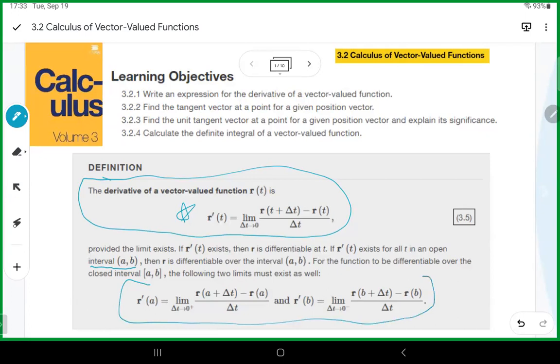But at the very least, you should have this guy right here. This section's super quick. It's only 10 slides.